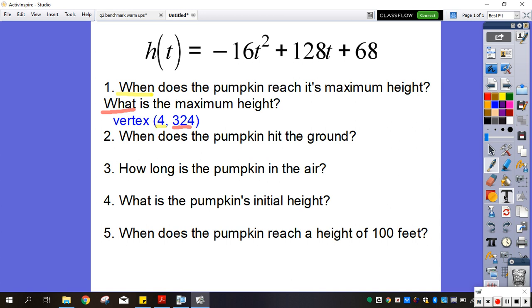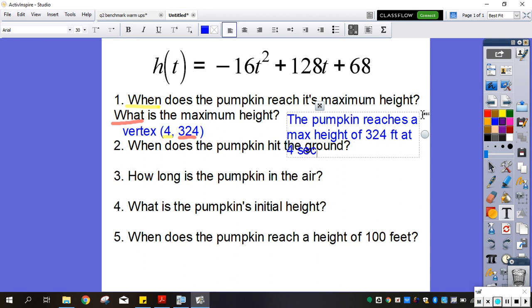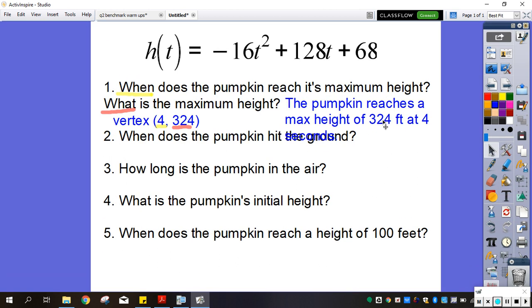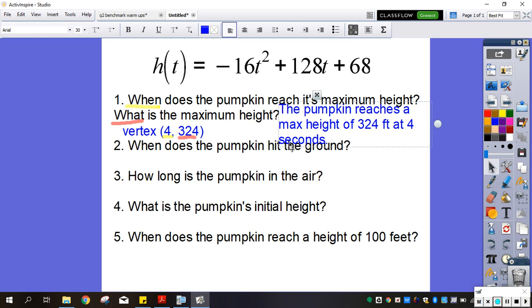So the way I could answer this question all in one sentence is I could say the pumpkin reaches a max height of 324 feet at 4 seconds. I've answered when it happens and what that height is. We're going to abbreviate this.